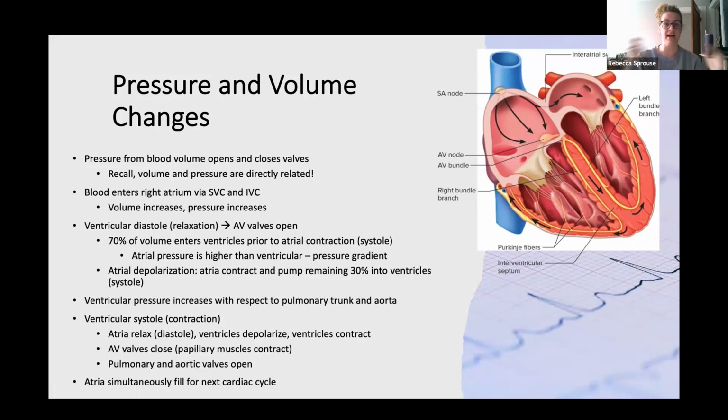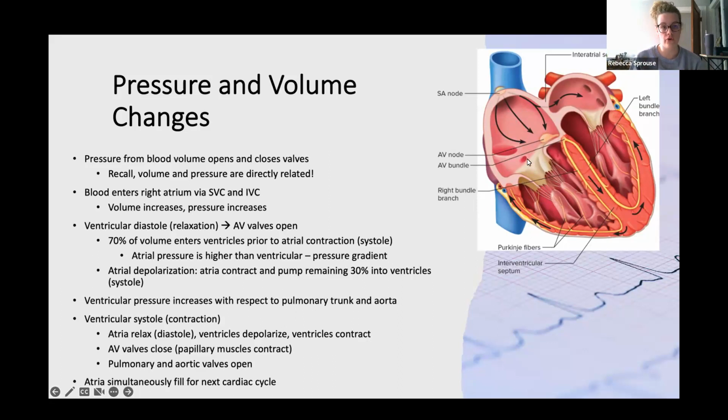So if you remember nothing else, I do want you to remember that concept. As volume of blood increases in a specific area, the pressure is also going to increase. So as this atrium fills with blood, its pressure goes very high. And this ventricle is technically empty at that point.